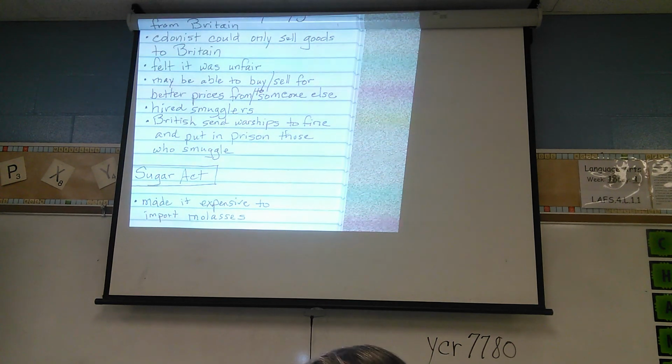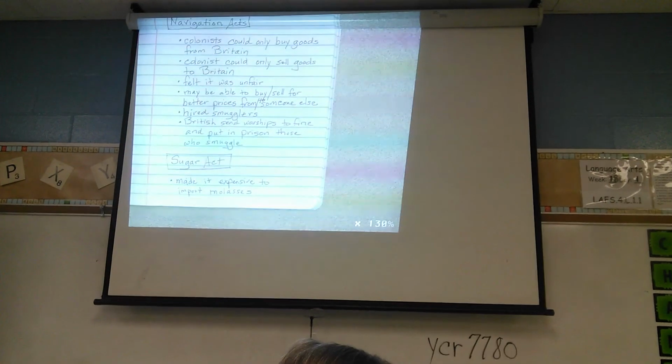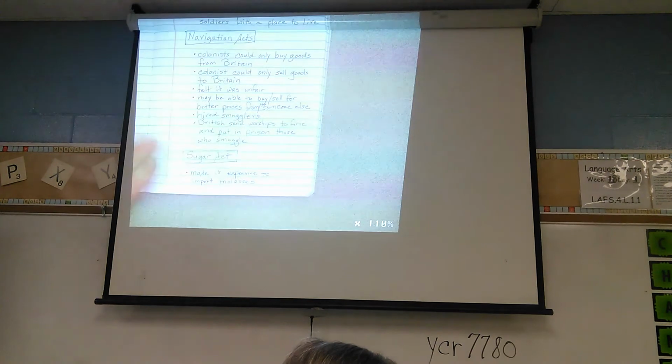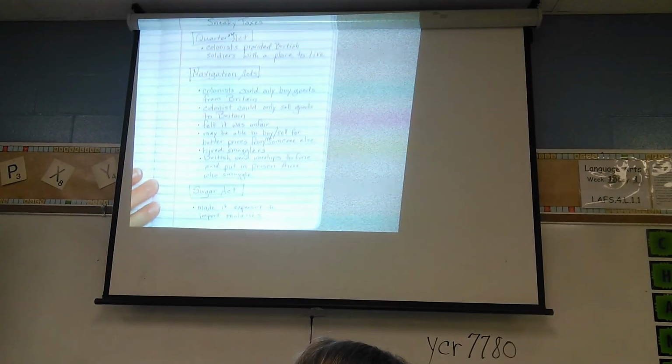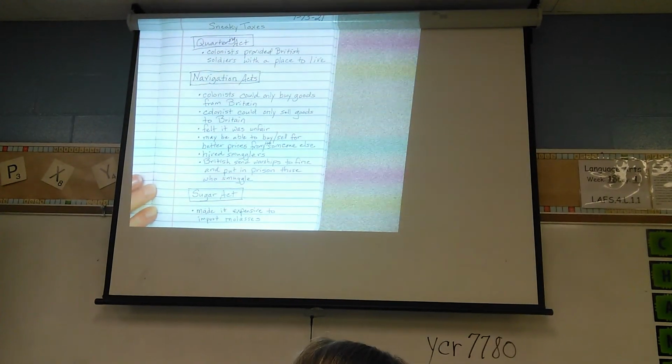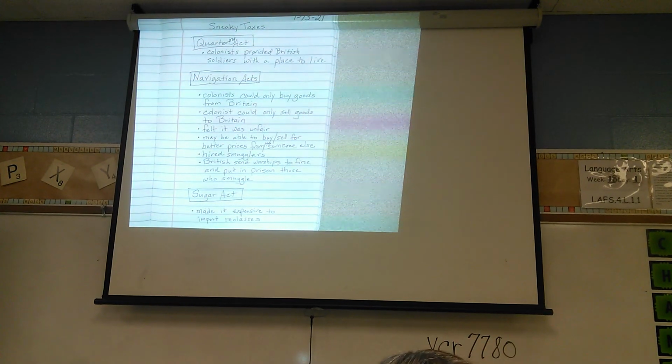So you can see this is the boxes and the bullets format of taking notes. So we don't have complete sentences copied. If we do, we put them in quotation marks, because we don't want to plagiarize.